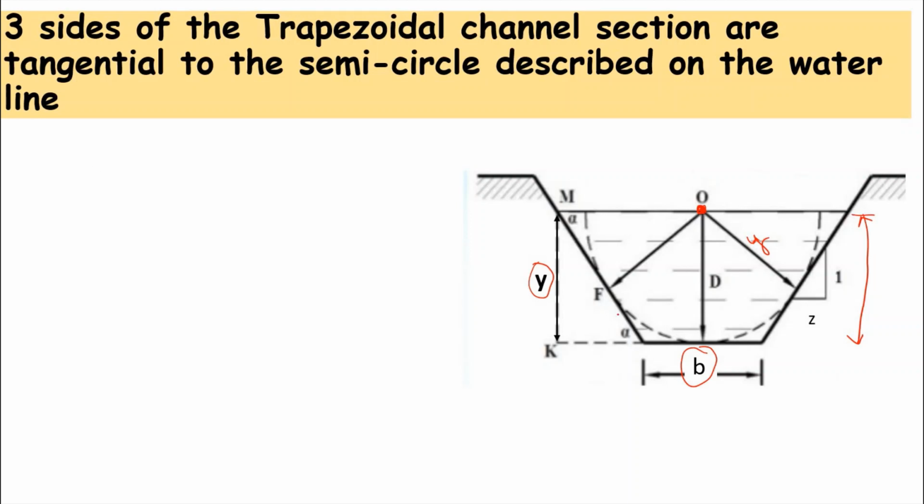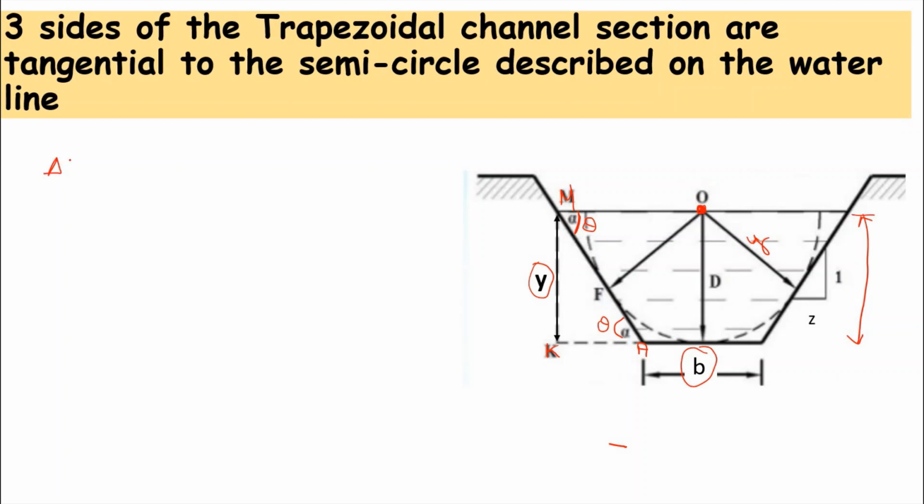So let us see. Let theta be the angle made by the sloping side with the horizontal. If this is theta, this will also be theta. So let me consider a triangle KAM.